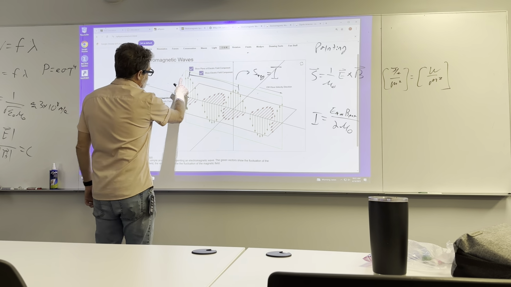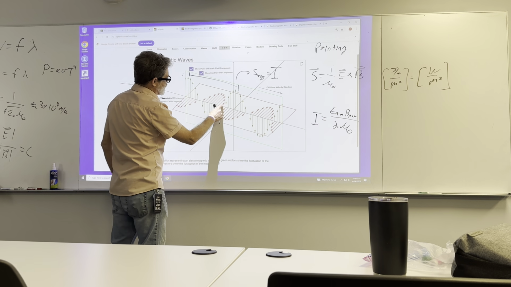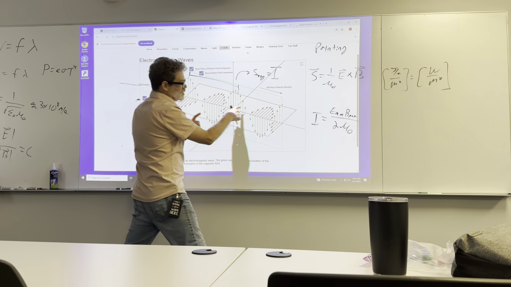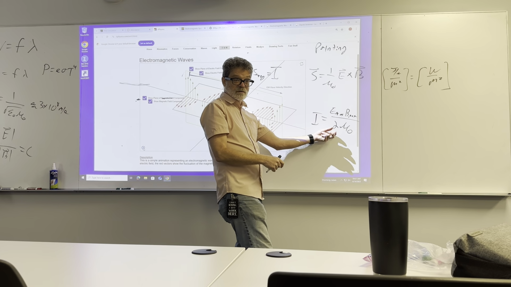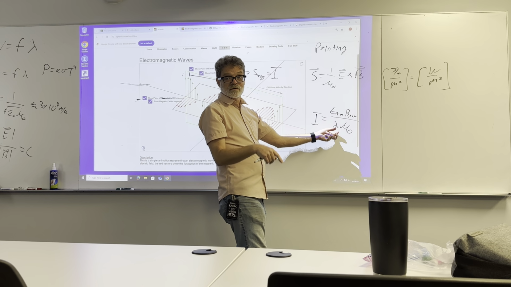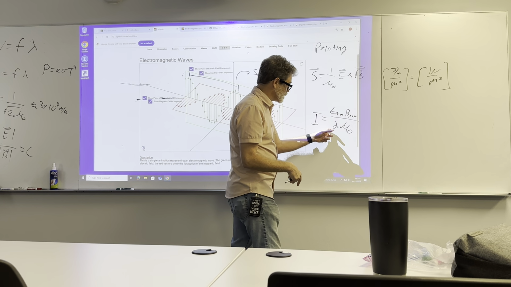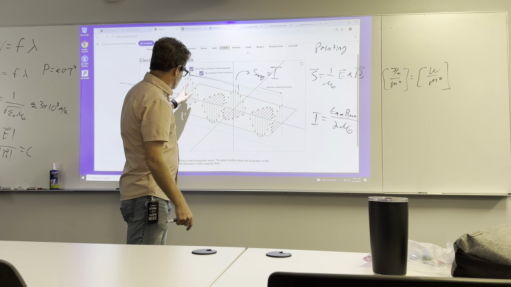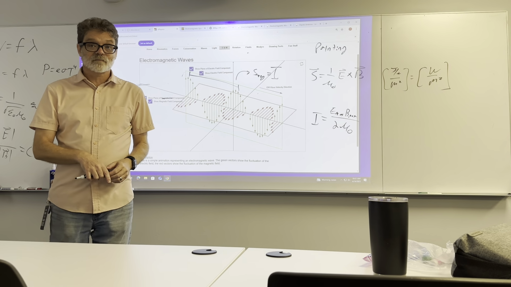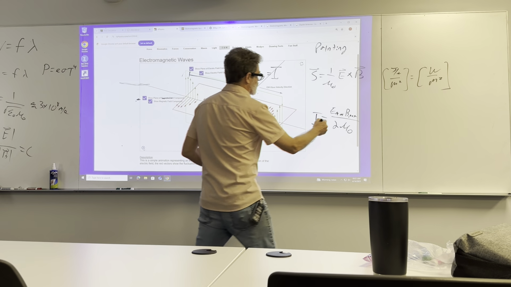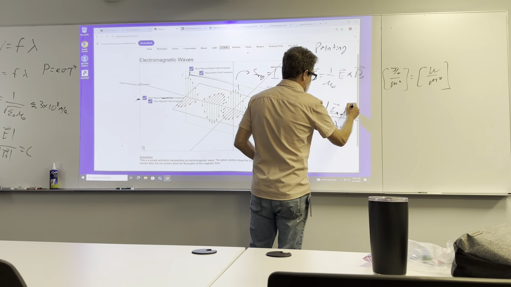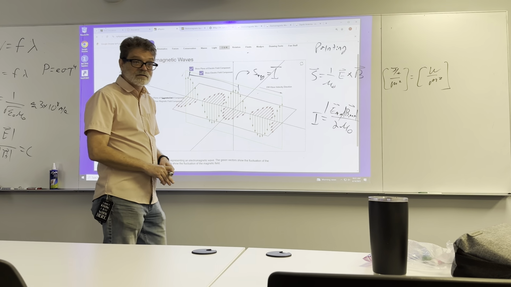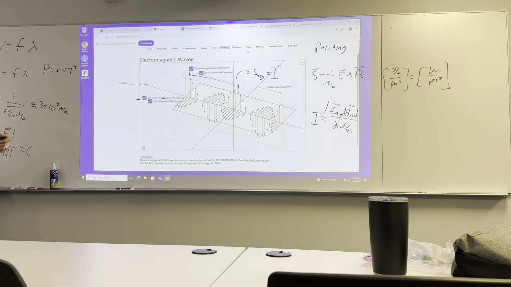Because we're averaging, and of course it's going up and down, we have to use root mean square: square root of 2 on the E, square root of 2 on the B, which gives me a 2 instead of the square root of 2. So that's where that 2 comes from. And then we're looking at the energy stored in the electric field and the magnetic field. That's E max and B max, the max of those vectors, divided by 2 times mu naught.